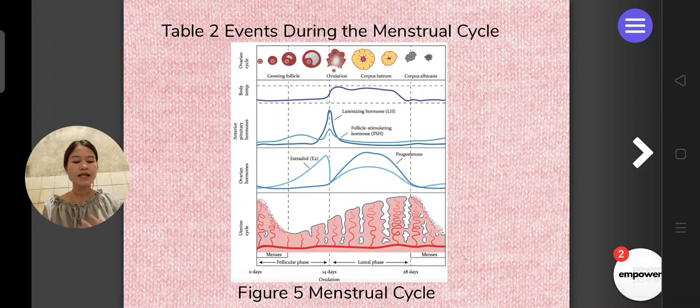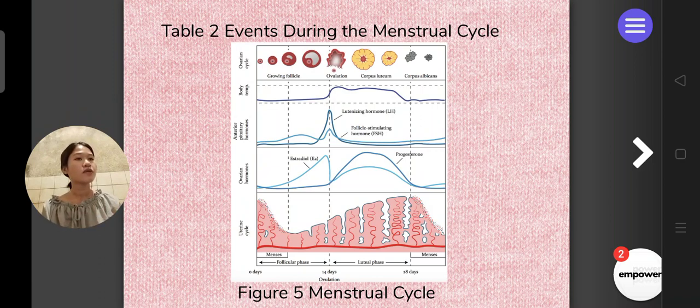Typically, the menstrual cycle is about 28 days long, although it can be as short as 18 days or as long as 40 days. The menstrual cycle results from the cyclical changes that occur in the endometrium of the uterus.